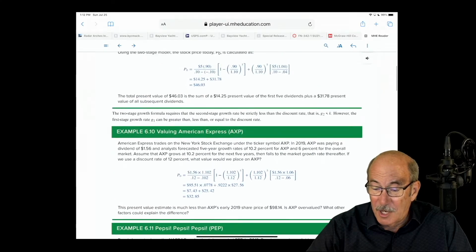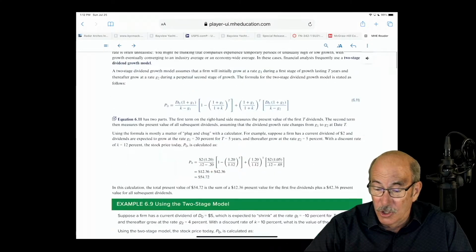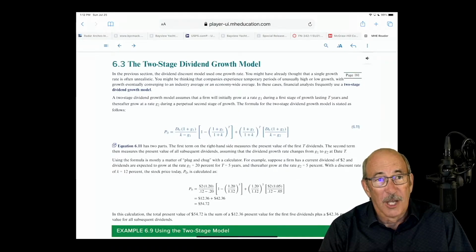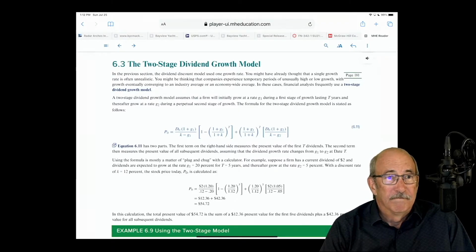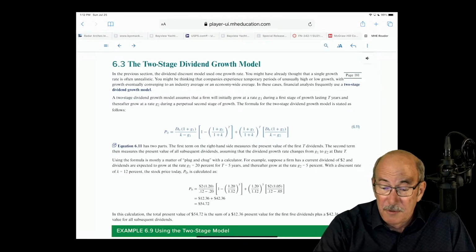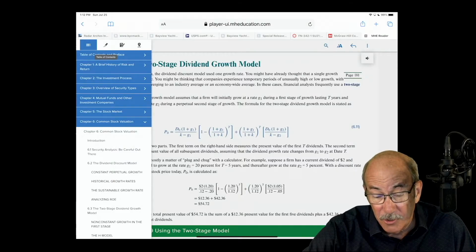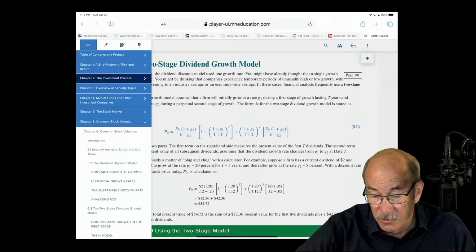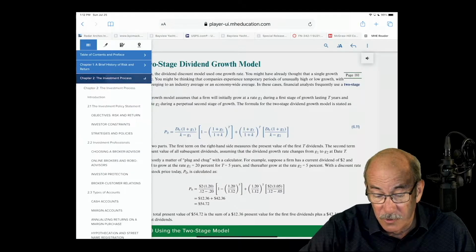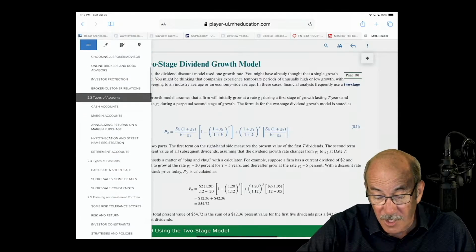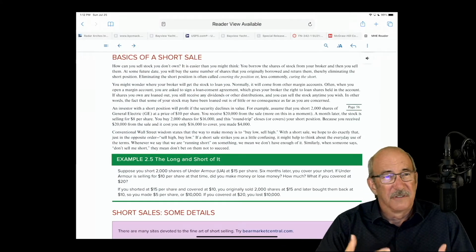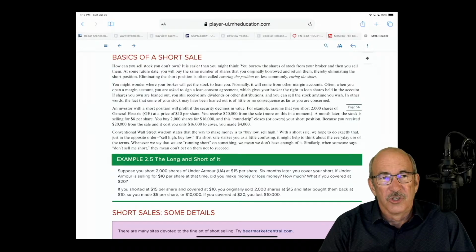I would say that chapter is full of the most confusing terms. Chapter 6 probably has the most difficult concepts. Chapter 2 is where we got into the margin and the short sale stuff, and that stuff is typically difficult too.